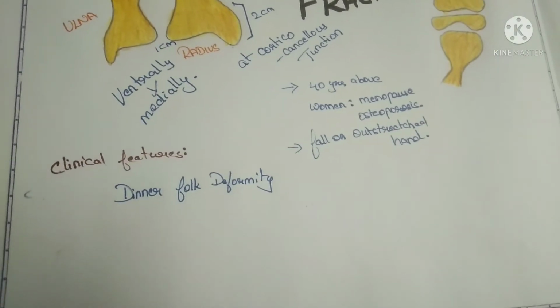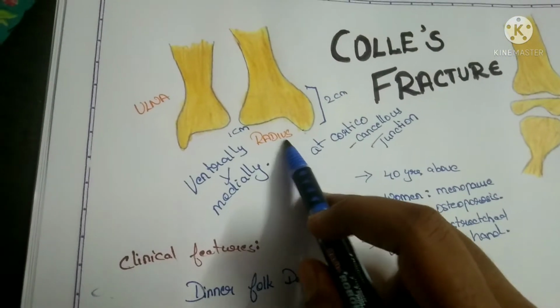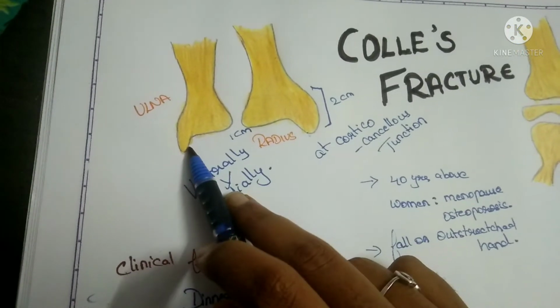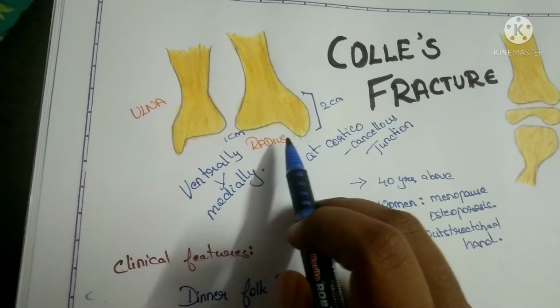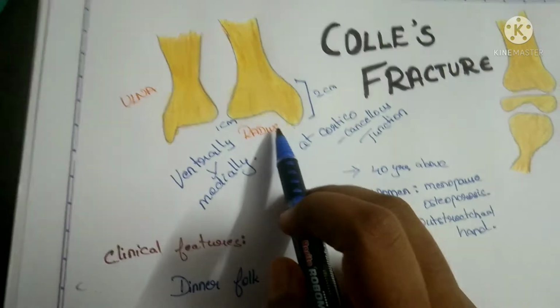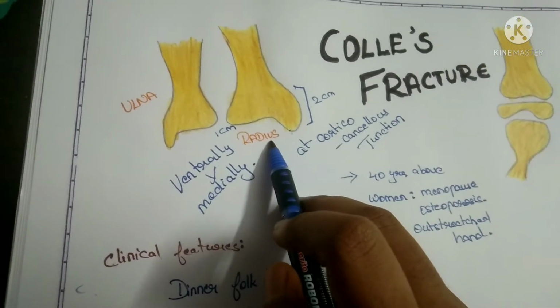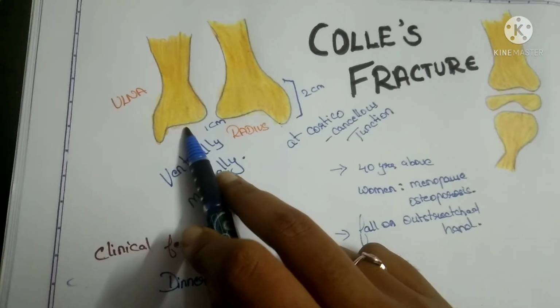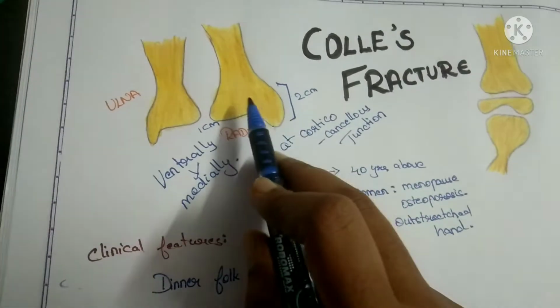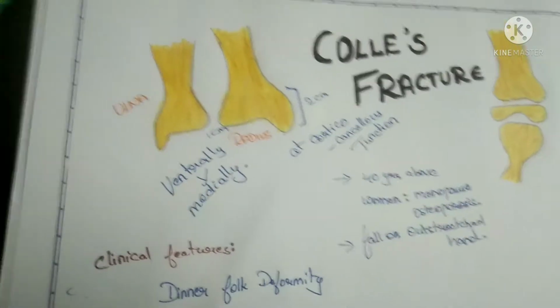Usually the radial styloid process will be 1 centimeter distal to the ulnar styloid process. Distal means below. But here it lies at the same level as the ulnar styloid or a little higher.